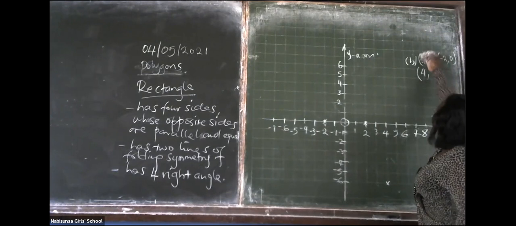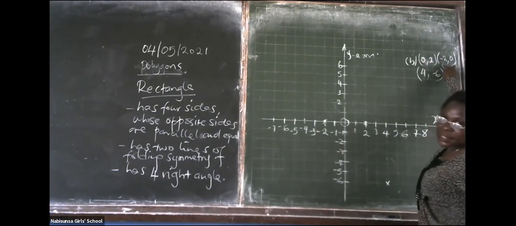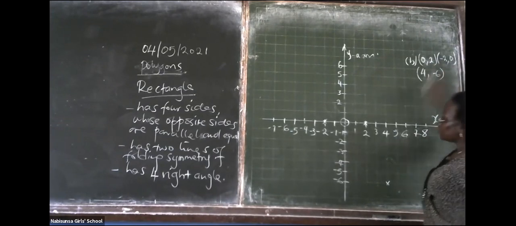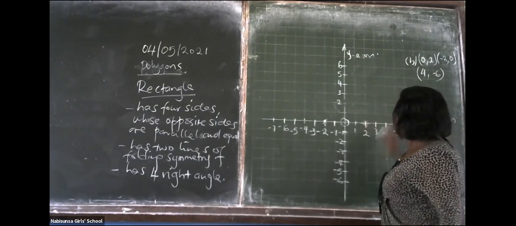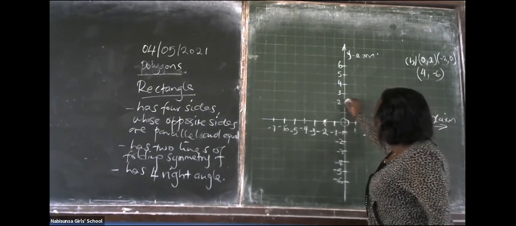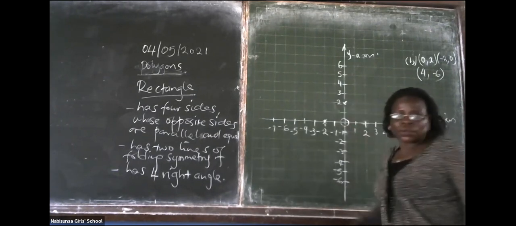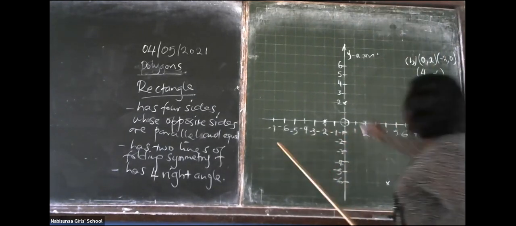So here it is 0, 2, and then this is negative 2, 0. Where do we have 0, 2? 0 on the x-axis and 2 on the y. So can you make the corrections, those who had done it the way we have done it.